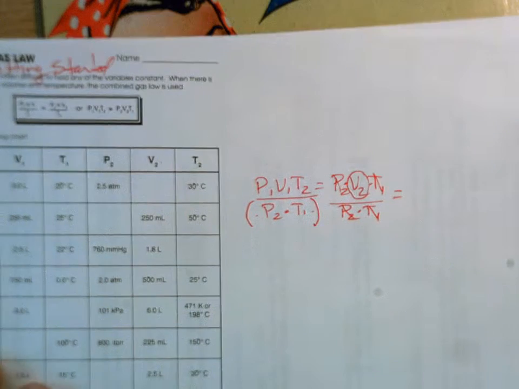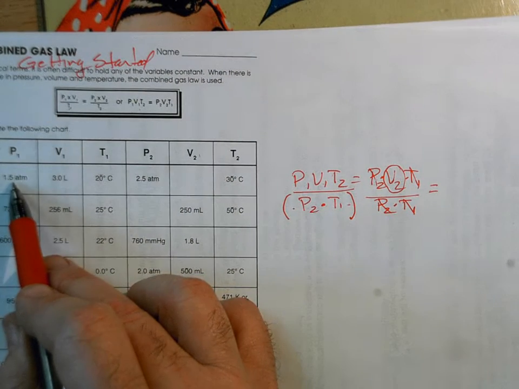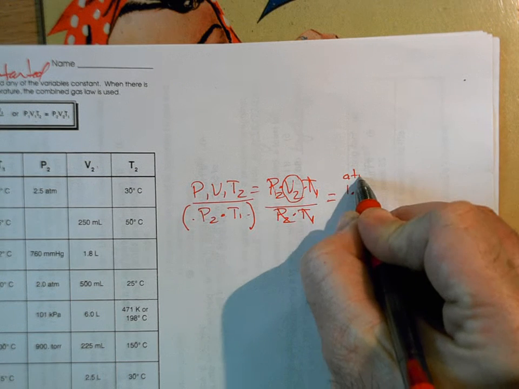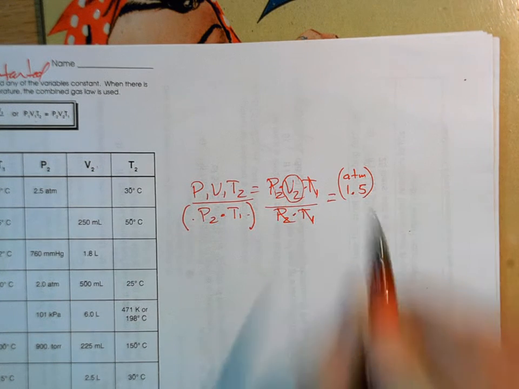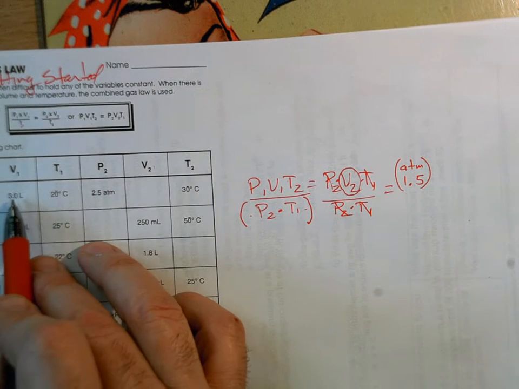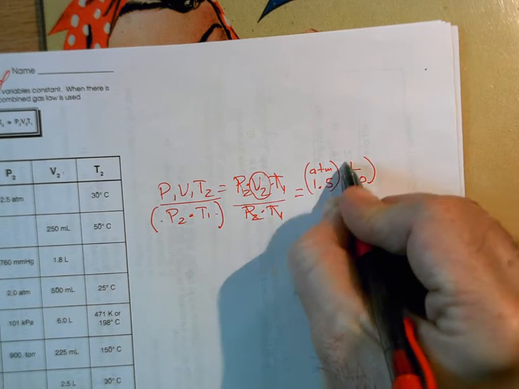All right, so pressure 1 is given to us as 1.5 atmospheres. I'm going to put ATM on the top just to save some room. We need to then multiply it by volume 1, which is 3.0 liters.